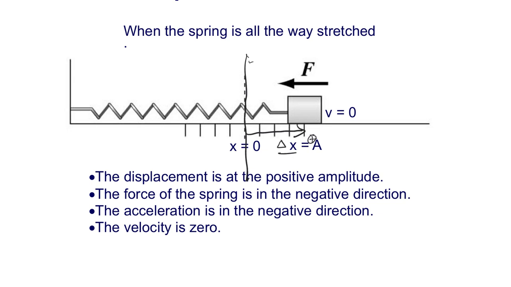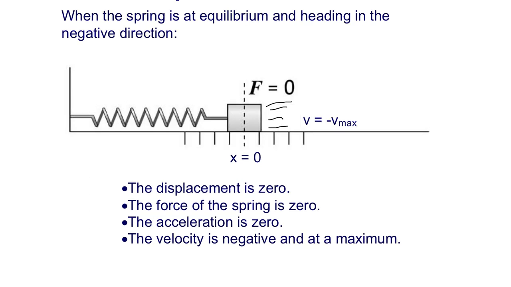In this case, the force is negative and the delta x is positive. V is 0, but the acceleration is in the same direction as the force, so the acceleration would be to the left. Velocity is negative because it's moving towards the left at this point.